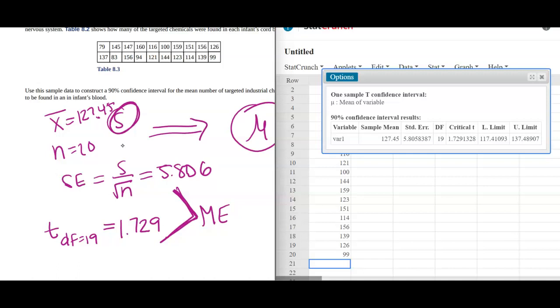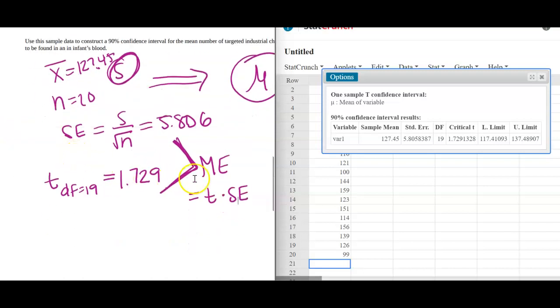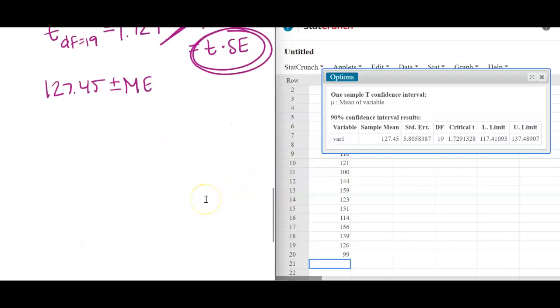So the margin of error would be equal to that t times the standard error. Then we take 127.45 plus or minus the margin of error, and that is what gives us this interval.